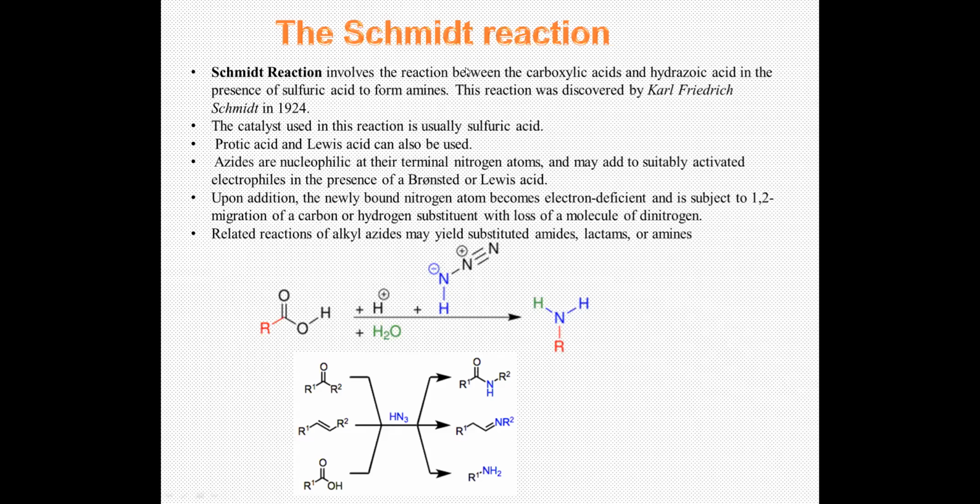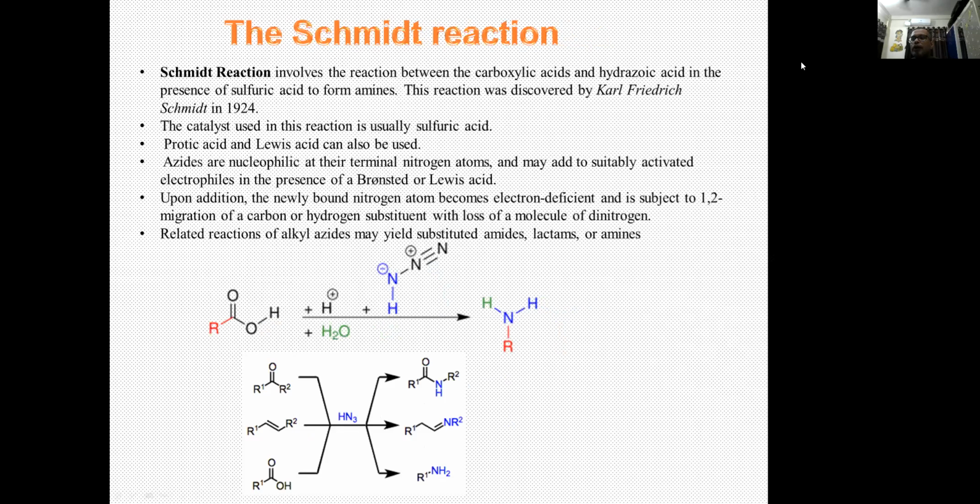Okay, and this leads to your 1,2 migration of your carbon or hydrogen substituent with the loss of a molecule of nitrogen. Okay, this is the mechanism of action of your Schmidt reaction.